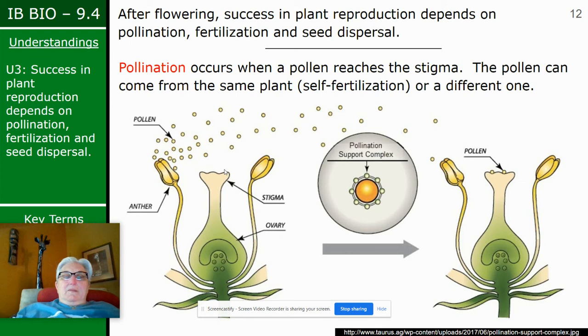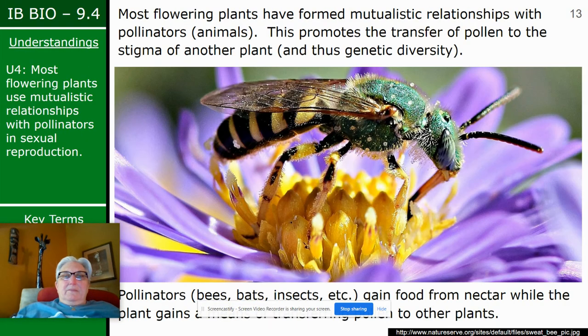And this could happen several different ways. It can be wind that's going to transfer pollen from one flower to another. It can be a bee, it could be a bat, it could be a bird. All these things will come into play. Here's a nice bee transferring.